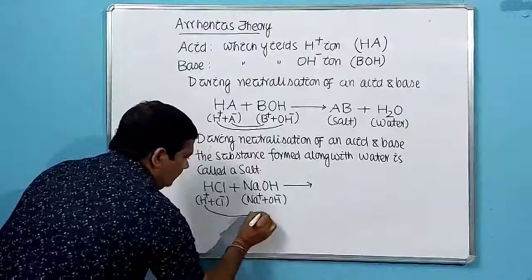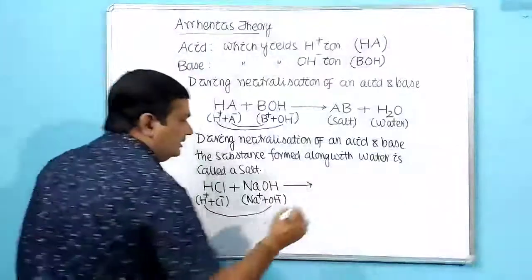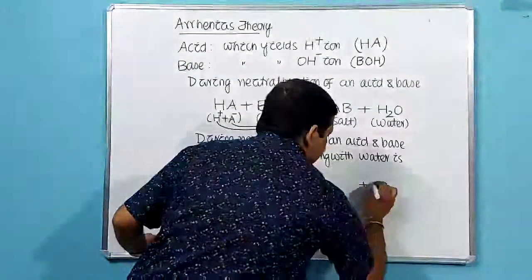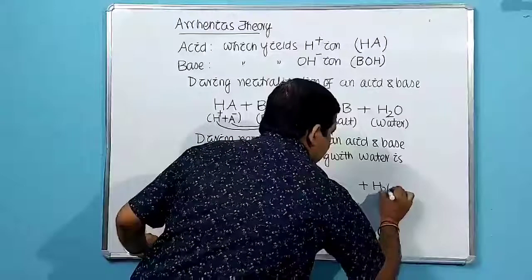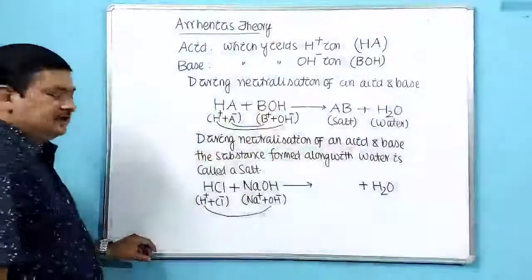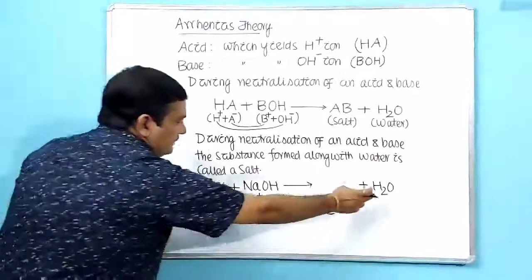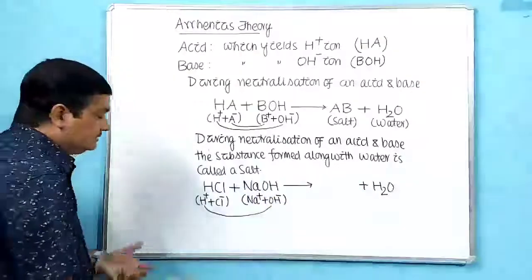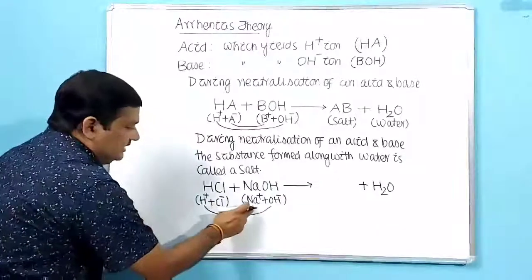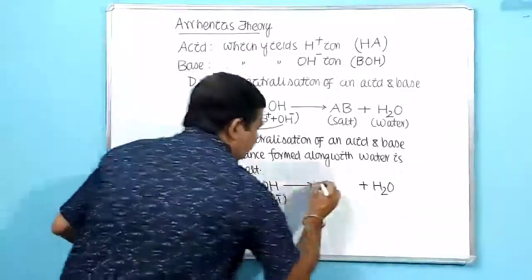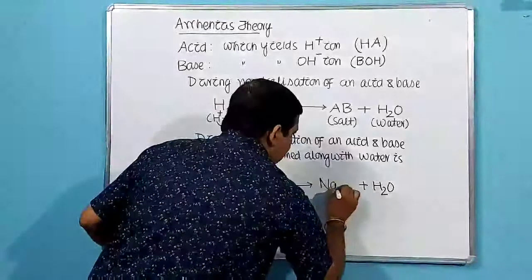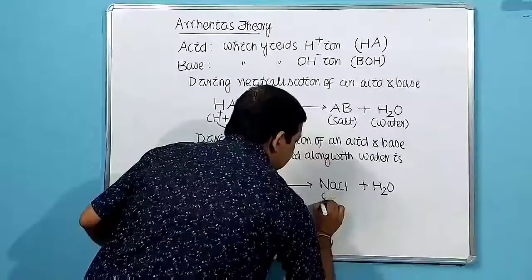So H plus will combine with OH minus to form water. So definitely water will be formed first during neutralization of acid and base. H plus is the acid group, OH minus is the base group. So they will form water. So what will the remaining substance be? Cl minus plus Na plus will form sodium chloride, which is a salt.